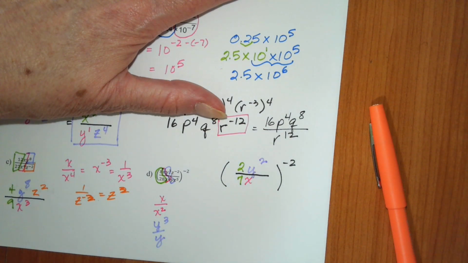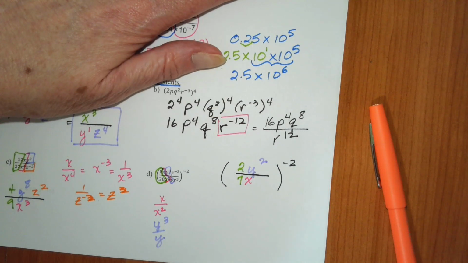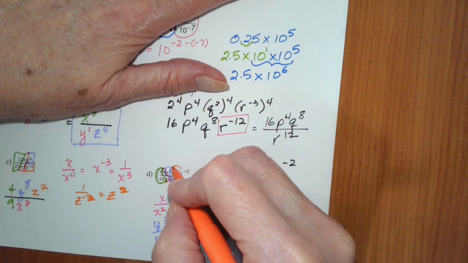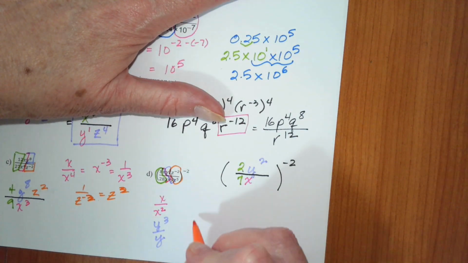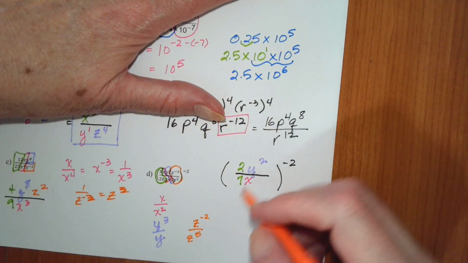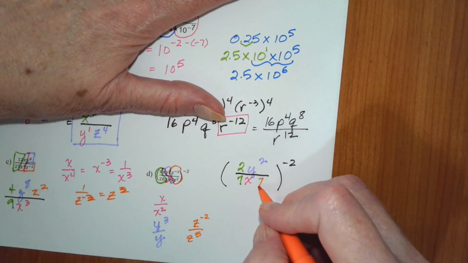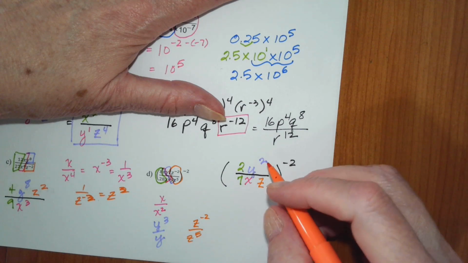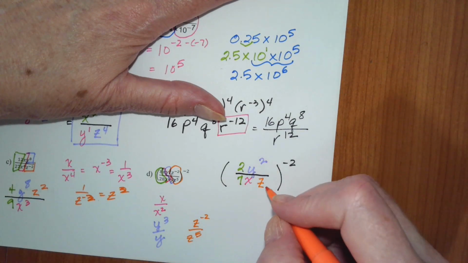And then my z's, I have z to the -2 over z to the 5th, which gives me z to the 7th in the denominator.